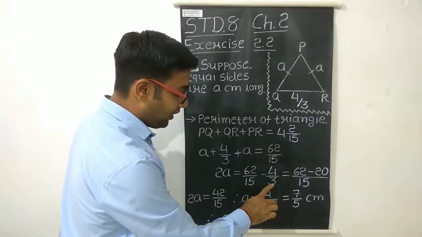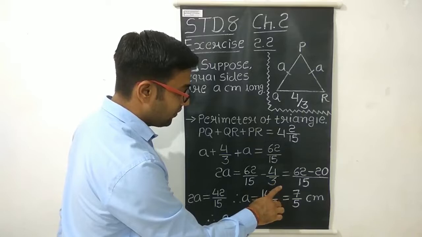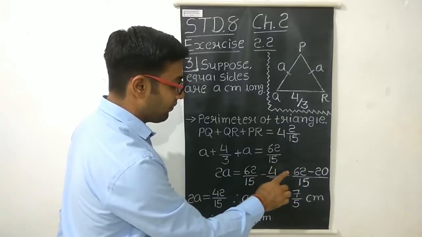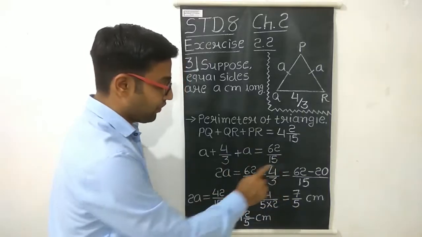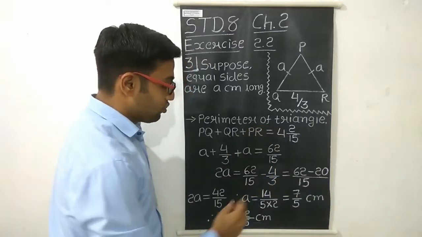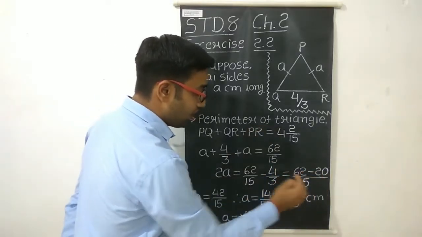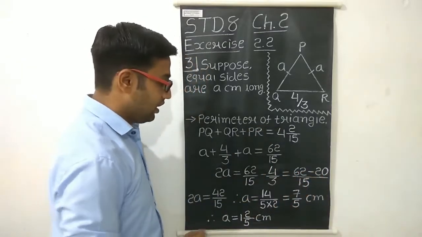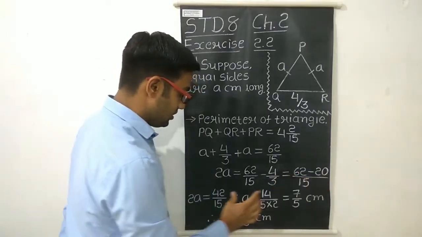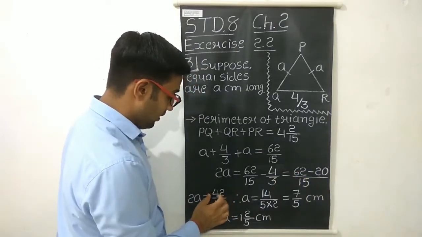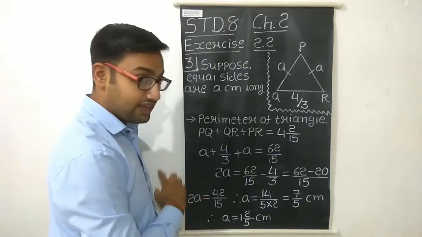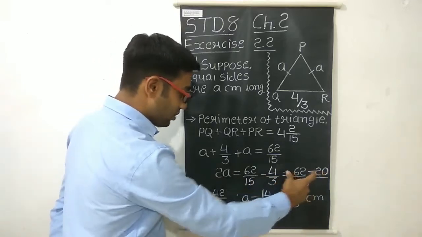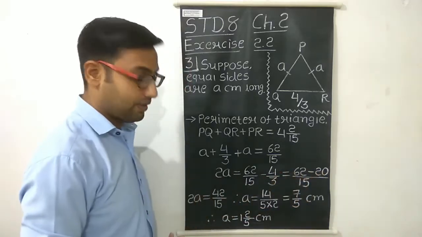To make here 15, we have to multiply 5 here. The same way we have to multiply 5 with the numerator. So 5 4s are 20. So now it will become 62 minus 20 upon 15. And what is the subtraction? Subtraction is 42. 2a remains as it is on the left hand side, and the right hand side will give us 42 upon 15.